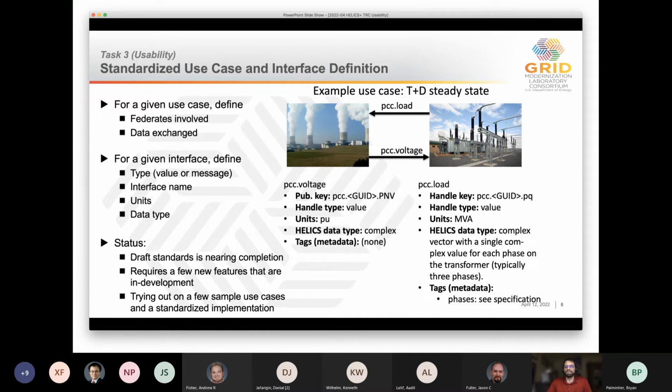So if you want to do T&D steady state, in this case, we've defined that there's a very simple data exchange that needs to take place. You can see it right there on the screen. If you want to do T&D dynamics, potentially there's a different steady state. If you want to do T&D plus a CVR controller, then that will almost certainly have a different standardized interface for it. So depending on the use case you want, different interfaces are going to be required from different tools.